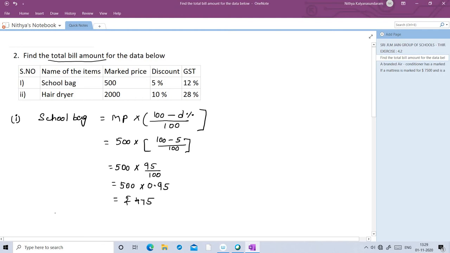Then the hair dryer is equal to marked price into 100 minus discount percentage, divided by 100. So marked price is 2000.